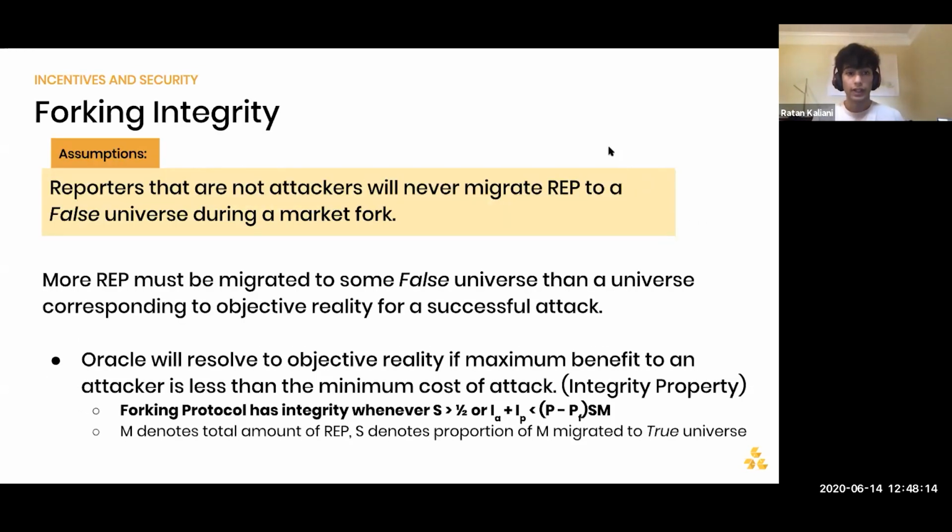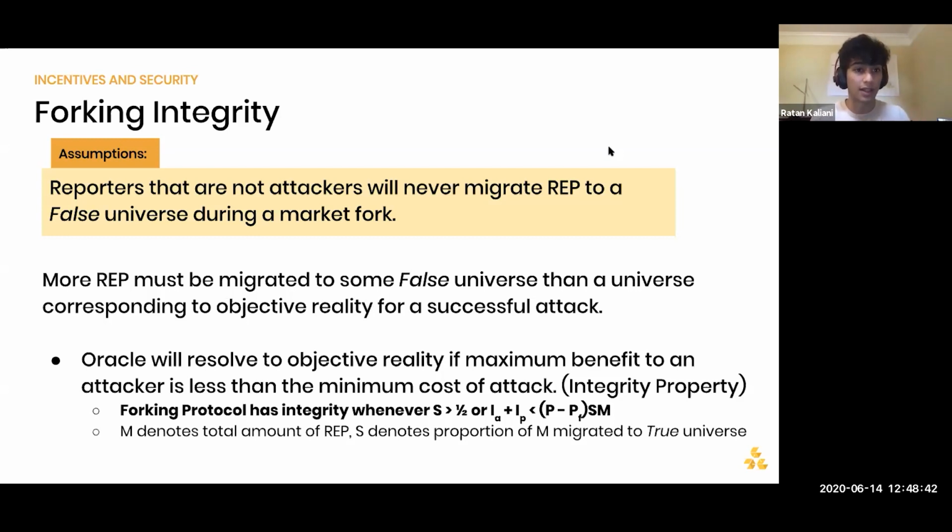The integrity of the forking protocol derives from this central assumption: reporters that are not attackers will never migrate reputation to a false universe during a market fork, because if you do that and it fails, you lose all of your reputation. So honest reporters are disincentivized to move to a false universe, which is an outcome that doesn't correspond to the real world outcome.